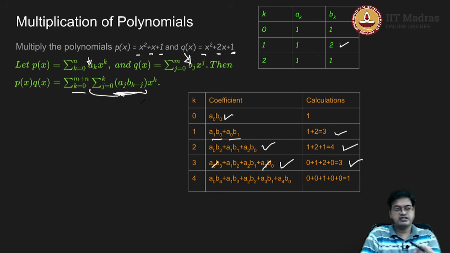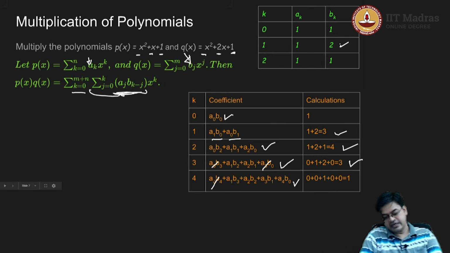So even though they are 0, we will first list them and we will put them as zeros. So now when we consider degree 4 term, I will get a naught b4, a1 b3, a2 b2, a3 b1 and a4 b naught. So all these terms are here. And most of the terms will obviously be 0.